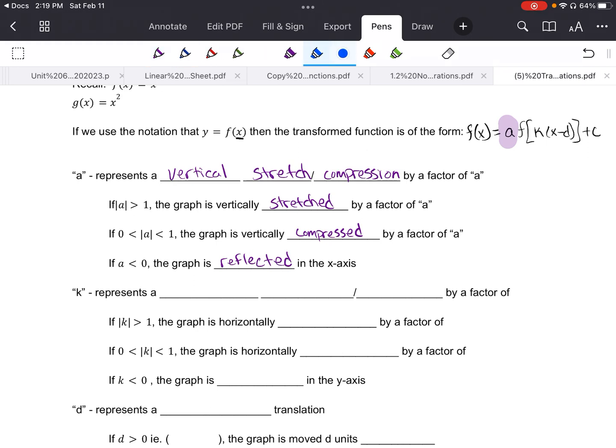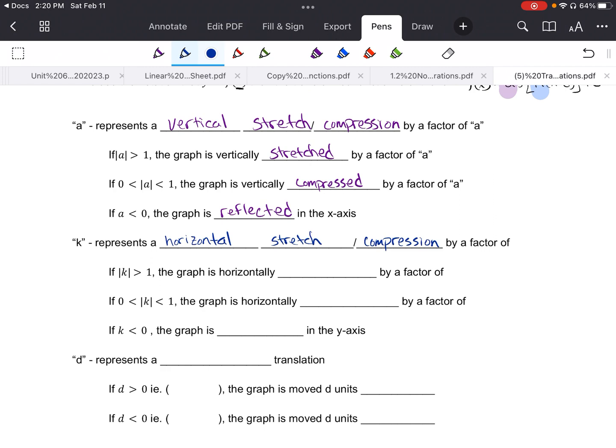Okay, the next transformation we're going to look at is the k value. And the k value represents a horizontal stretch or compression by a factor of k.